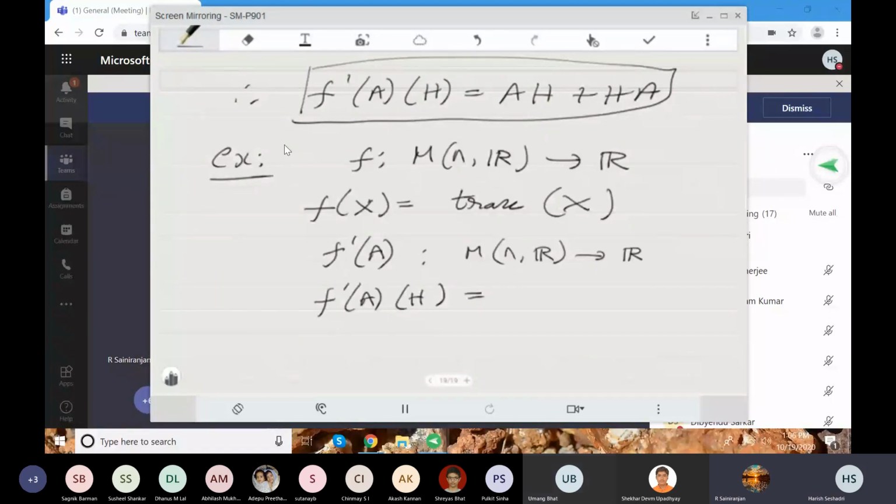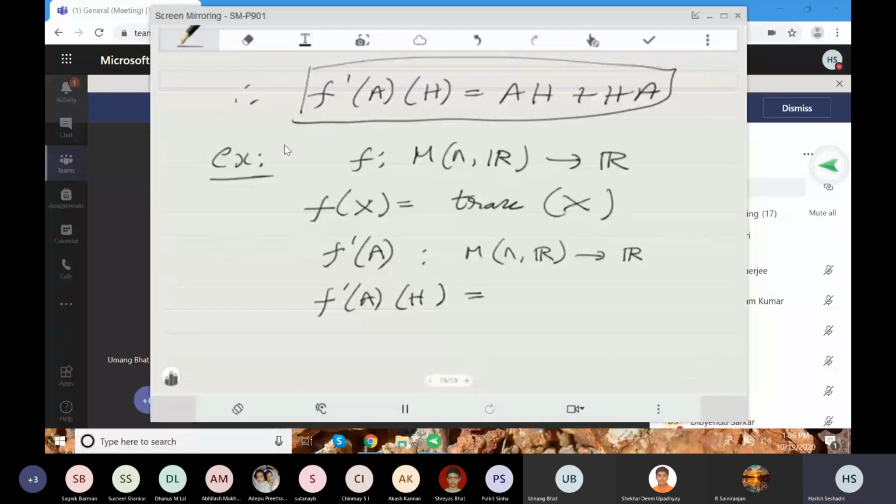I mean, you can directly do it, of course, it's quite simple. But what is the property of the trace map as a function from M_n(R) to R? It's a linear map. The trace map is a linear map. And we have already seen that if you have a linear transformation, its derivative is itself.